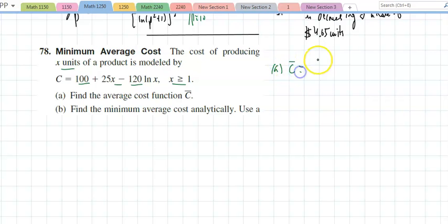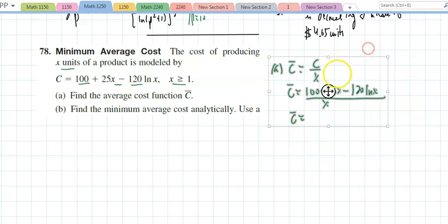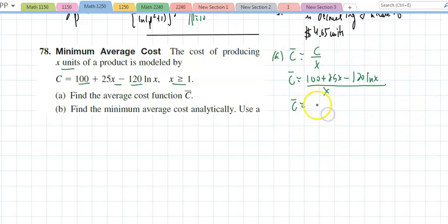The average is the cost divided by X. The cost is 100 plus 25X minus 120 natural log of X all over X. The average cost function would be $100 over X plus 25 minus 120 natural log of X over X.